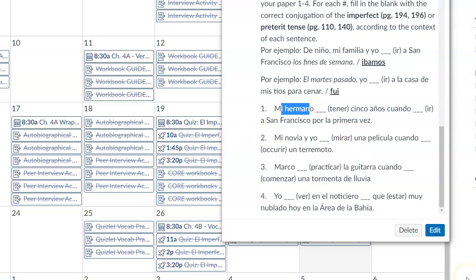Number 2, mi novia y yo mirar una película cuando ocurrir un terremoto. So my girlfriend and I were watching a movie when an earthquake happened. Mi novia y yo mirábamos.